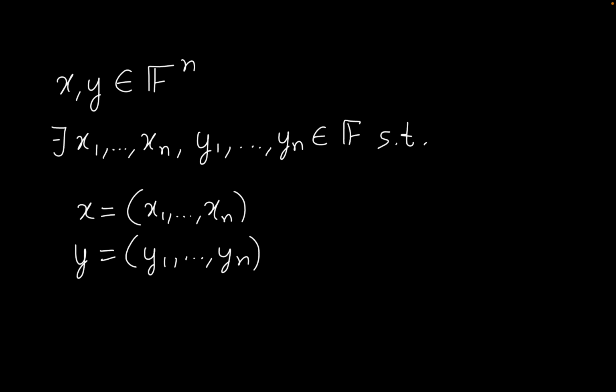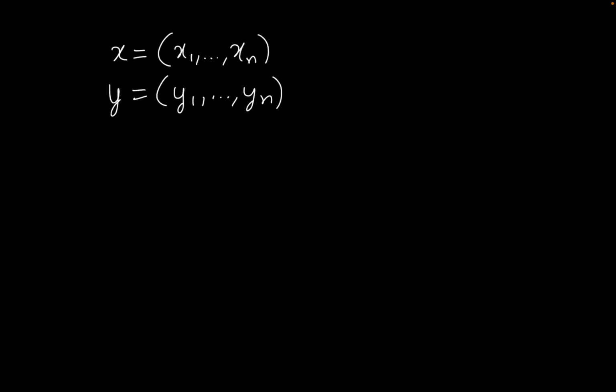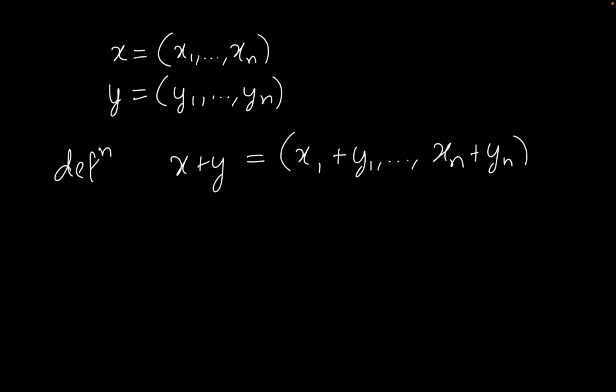Now that we have that, we define x plus y to be equal to x1 plus y1 through xn plus yn. In other words, each coordinate of the list x plus y is given by the sum of the corresponding coordinates from these two lists. You take each coordinate at corresponding places, add them up, and that becomes the corresponding coordinate of the sum. Hopefully that makes sense.